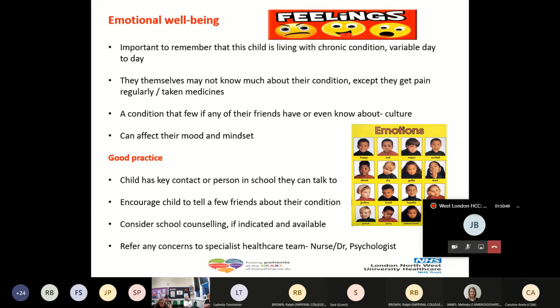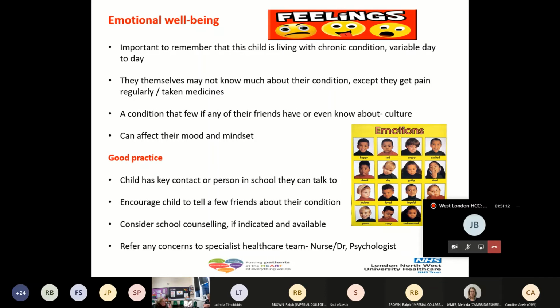It's important to talk about their emotional well-being, and I know Caroline and myself are both quite passionate about this because I think it's an area that sometimes gets lost. Sickle cell disease, as you've heard, is a chronic condition. It is very variable, so day to day it changes. Like I've just given the example of walking home from school, could be fine, might not be.